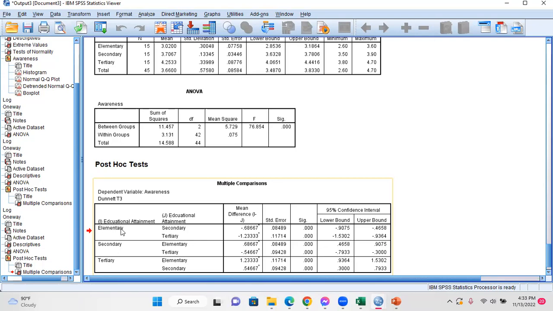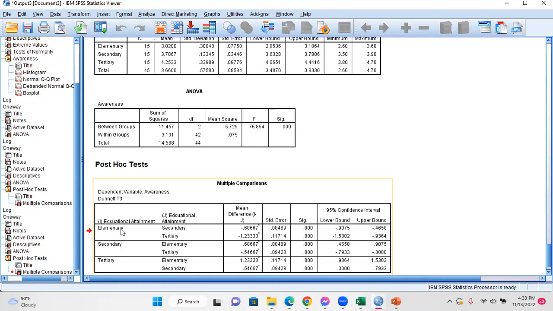Huwag nyo lang i-discuss. Basta makita ko lang ang post hoc. By the way, nakalimutan ko. Magpo-post hoc lang tayo pag you find out if there is a significant difference doon sa ANOVA.